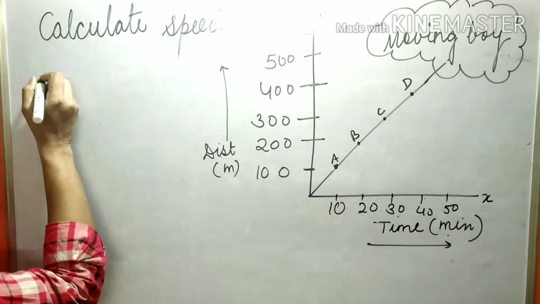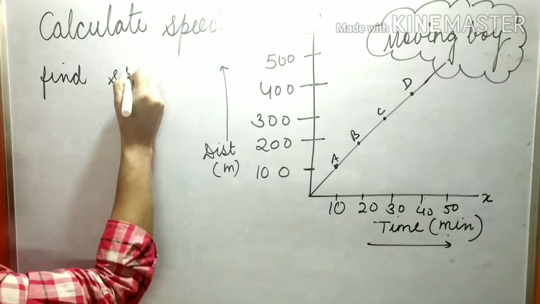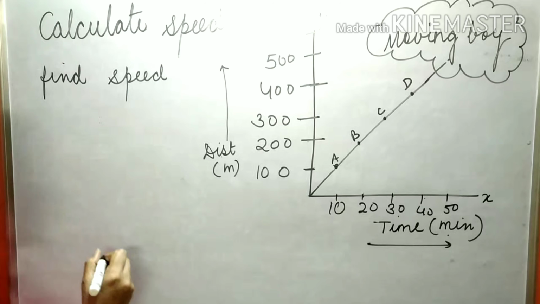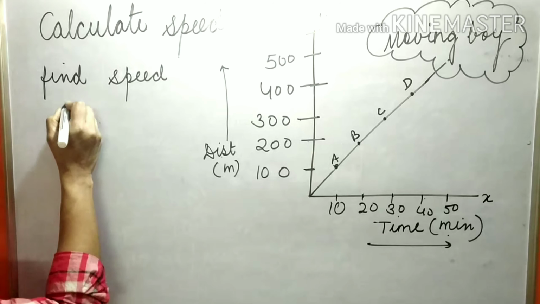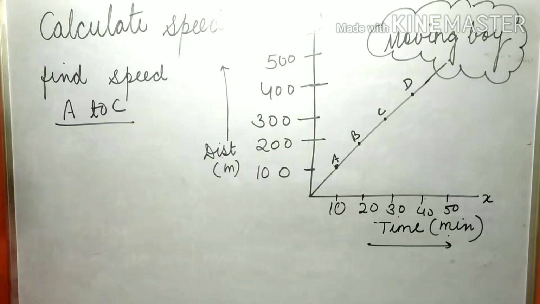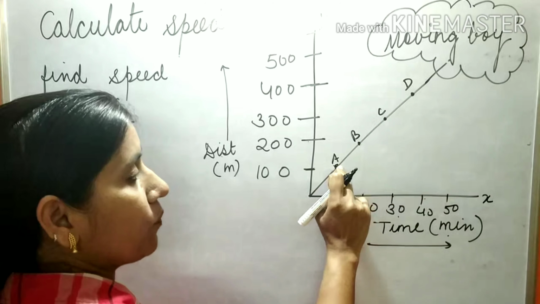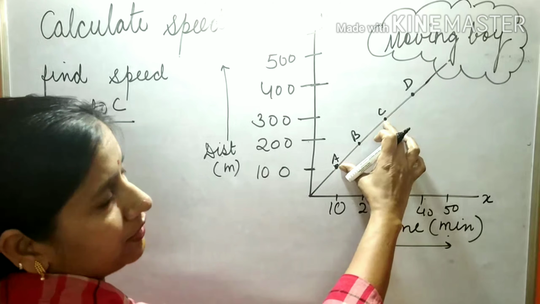So the question is, find the speed of a boy from A to C. A to C उसकी स्पीड निकालनी है. A से C तक जब वो चल रहा था, स्टार्टिंग फ्रॉम A, तो वहां से उसकी स्पीड कितनी हुई. ठीक.